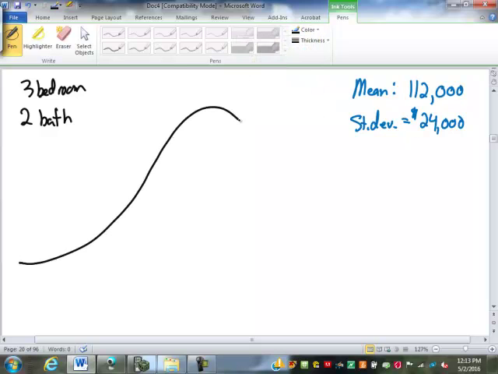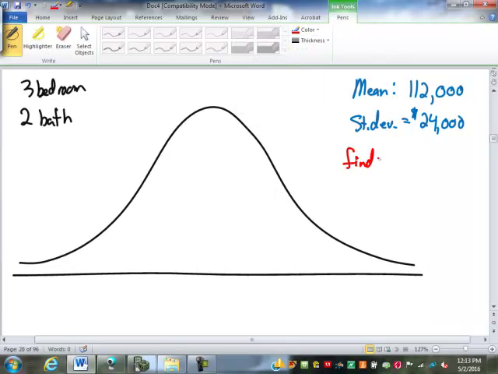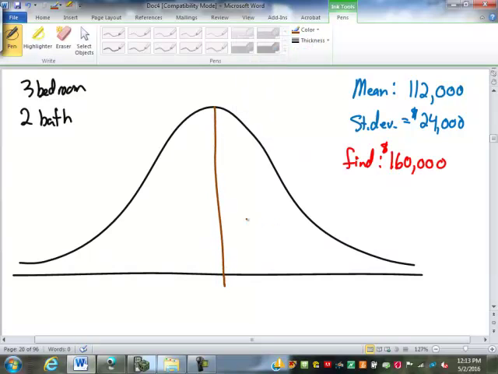So you are looking for a house and you find one that you absolutely love, and it is priced at $160,000. And your realtor is telling you you need to put in an offer on this house right now or it's going to be gone. Well, to analyze this, we can go back to this bell curve and the empirical rule.